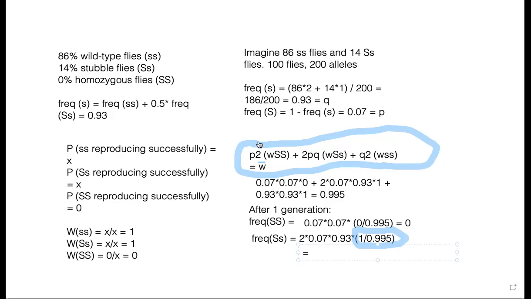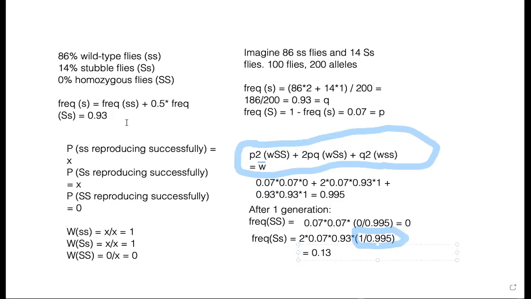Drum roll, please. 0.13 or 0.131. Okay, yeah, 0.13 is good. 0.131 if we want to go an extra digit.